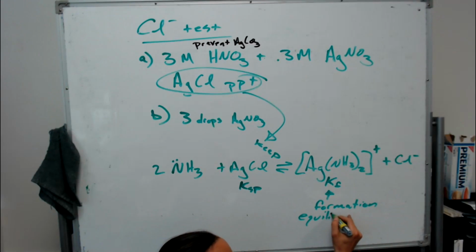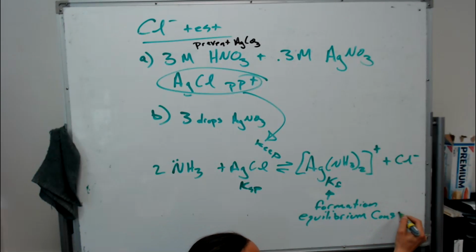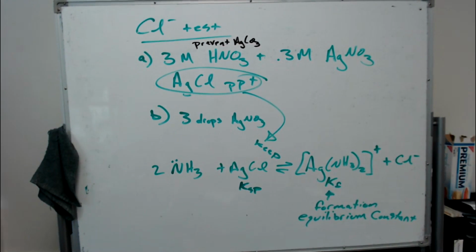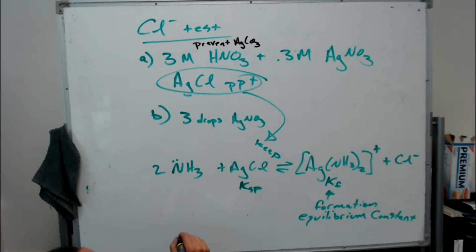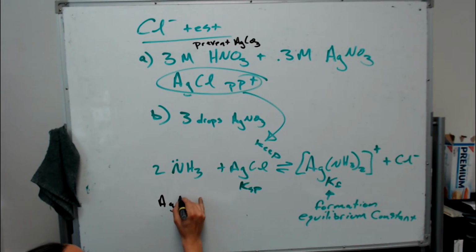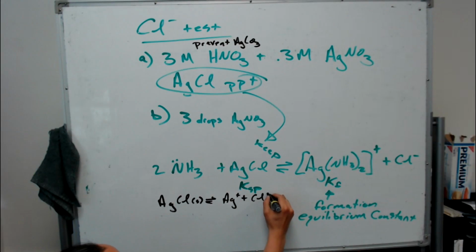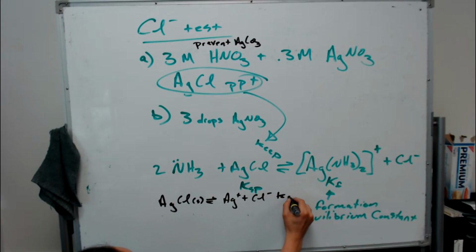So this is the formation reaction for the silver complex, is what you wrote on the board. Yeah, let's write down these two things. The Ksp would be AgCl solid going to Ag+ plus Cl-. That's the Ksp.